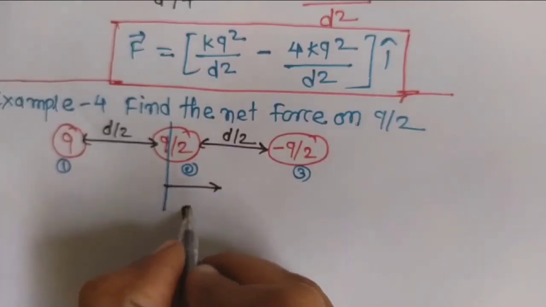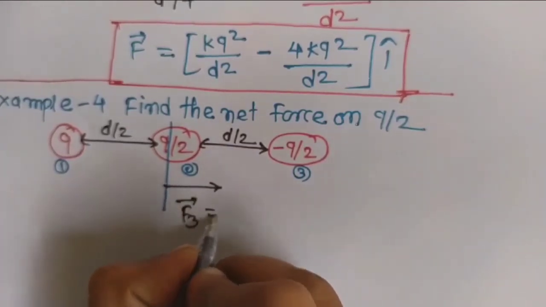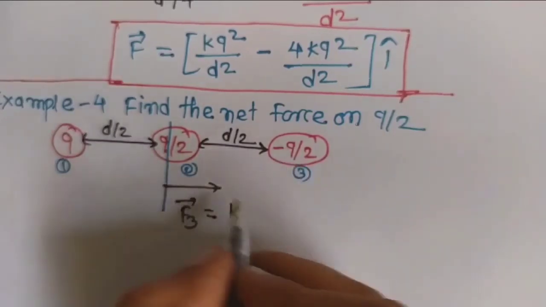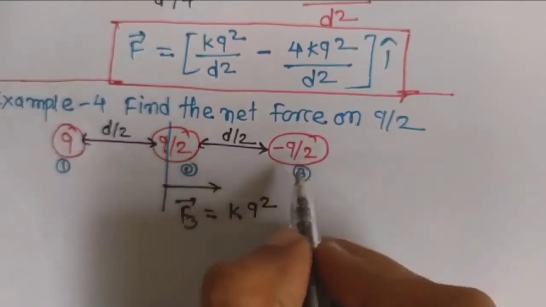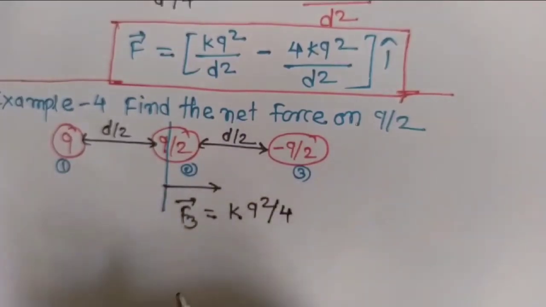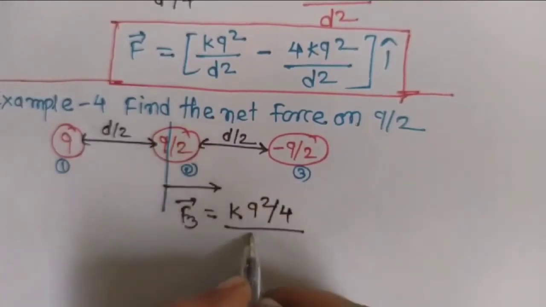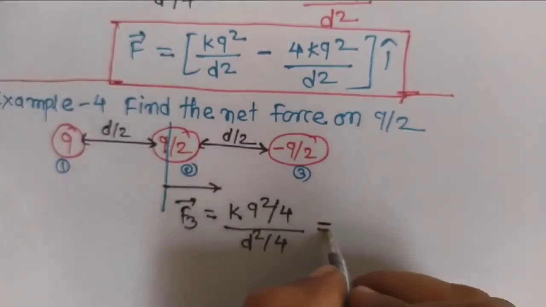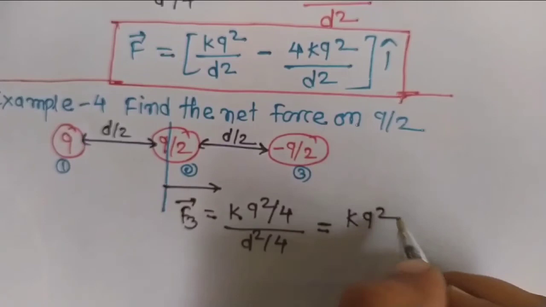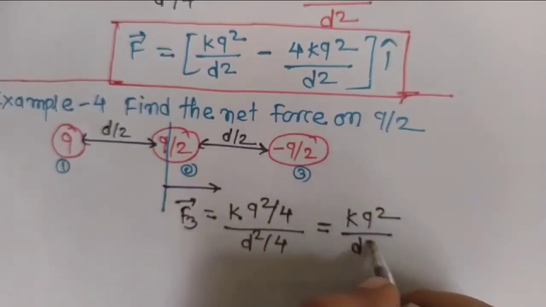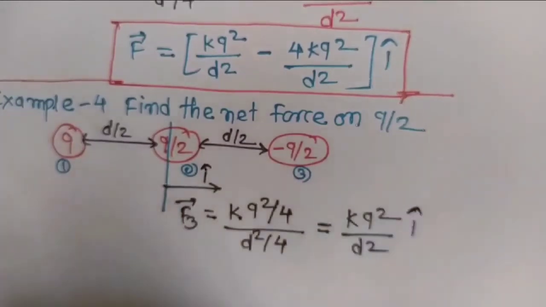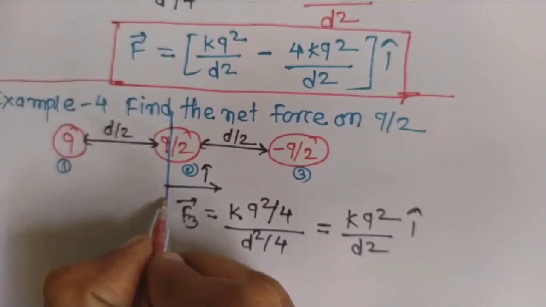Due to the charge minus Q by 2, both charges are of opposite polarity, that's why they attract each other and the direction is towards the charge. F3 bar is equal to K Q square by 4 upon D square by 4, is equal to K Q square upon D square. The 4 gets cancelled. This is in the right hand direction, therefore it becomes positive I cap.